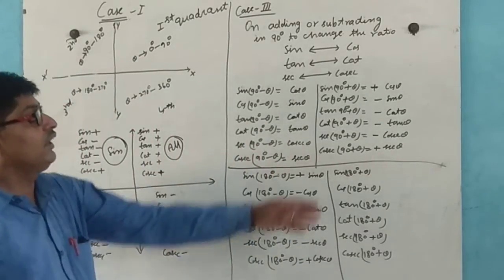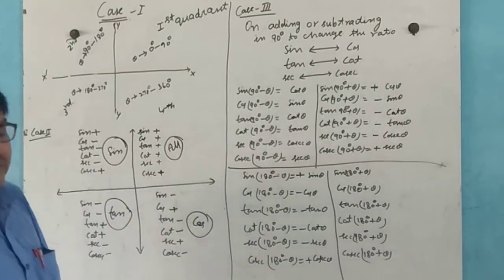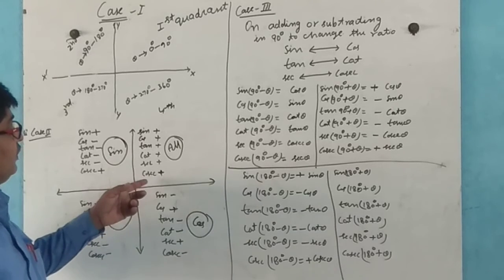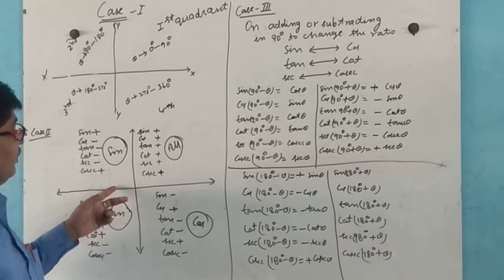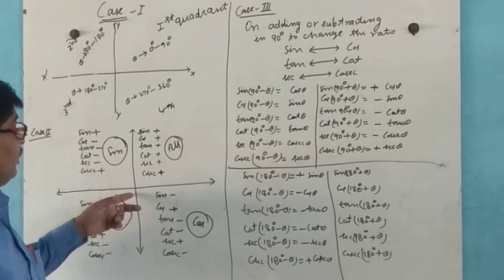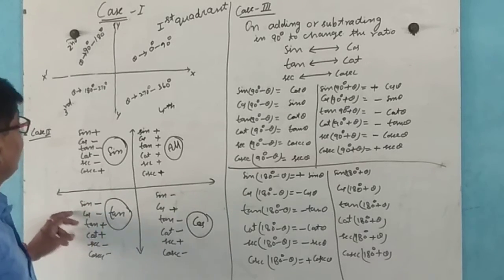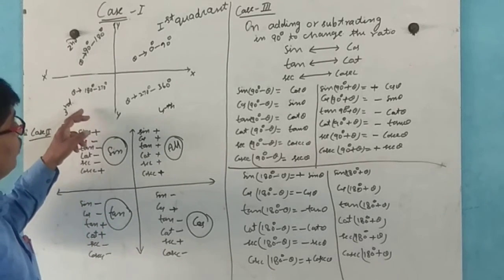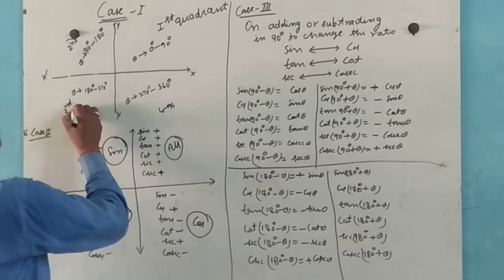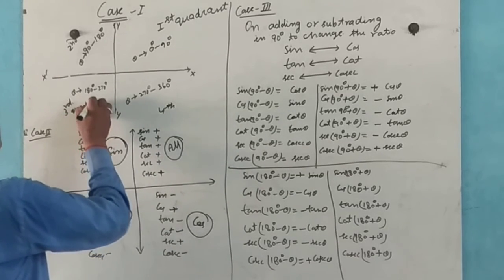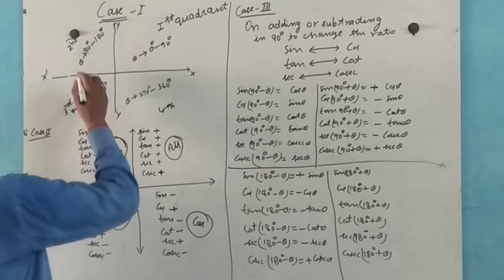But in this case, sin 180 degree plus theta, with theta from 0 to 90 degree, lies in the third quadrant.